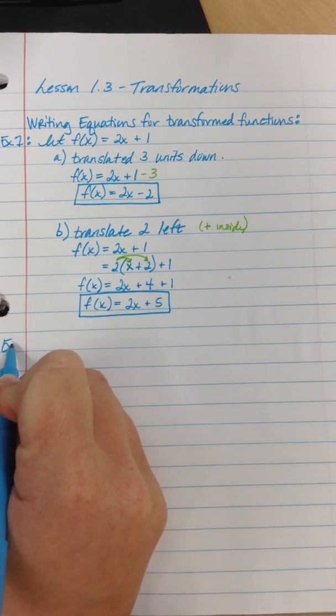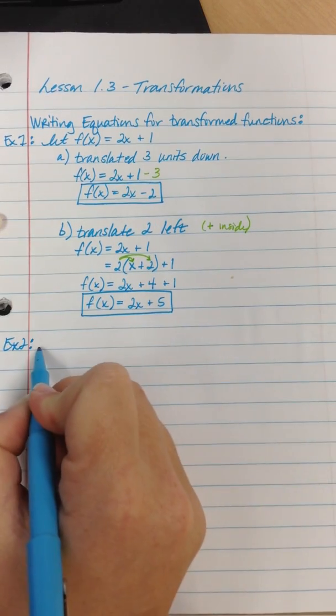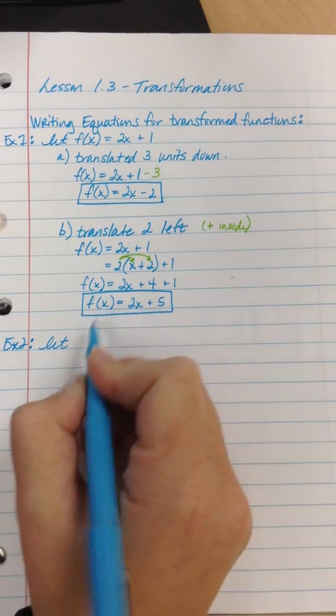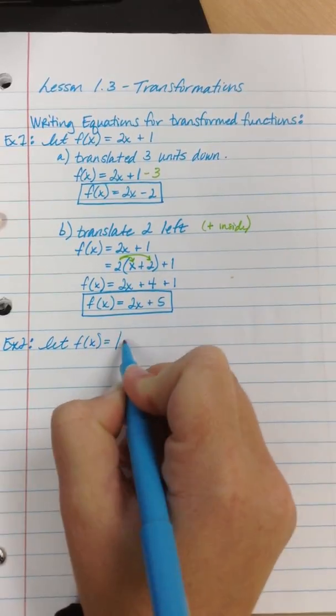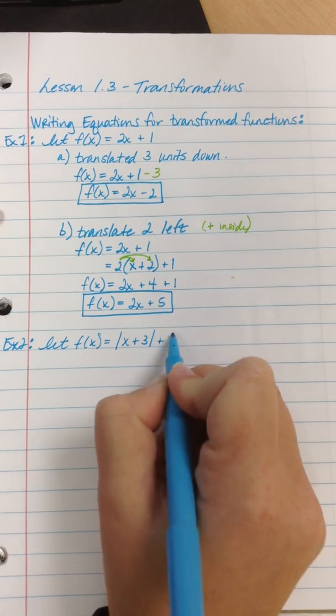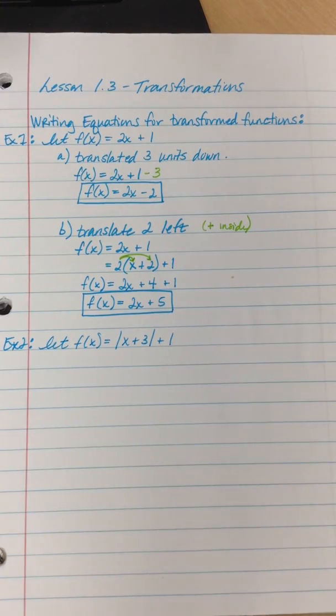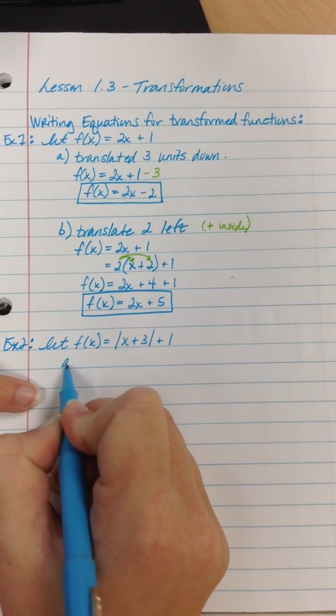Example 2. We're going to use a different equation, so we're going to let f of x equal absolute value of x plus 3 plus 1. And again, we're going to do a couple of different things with this.